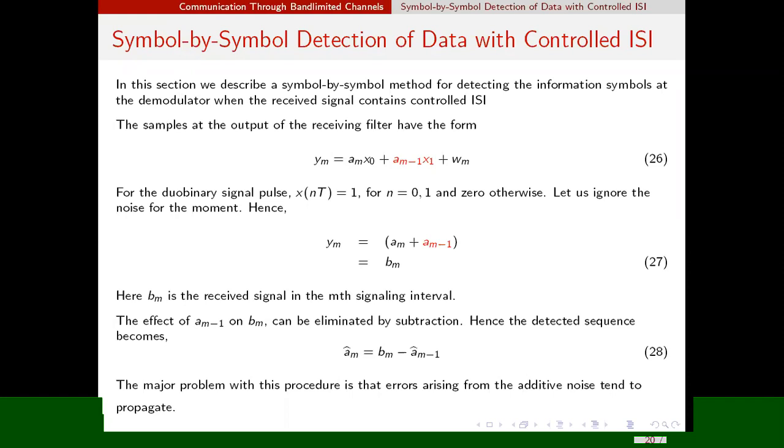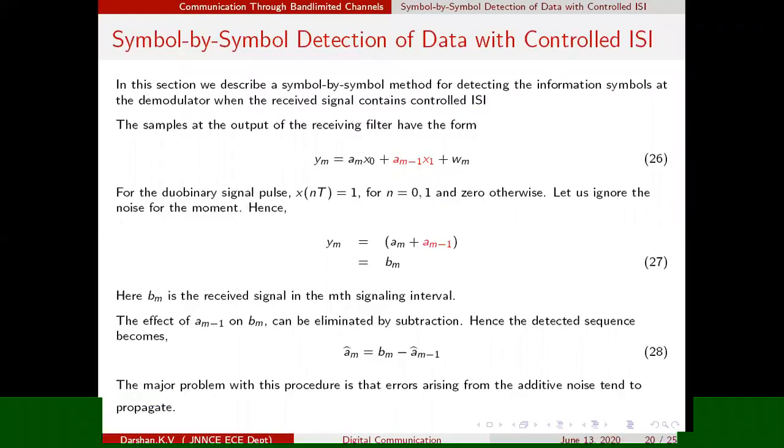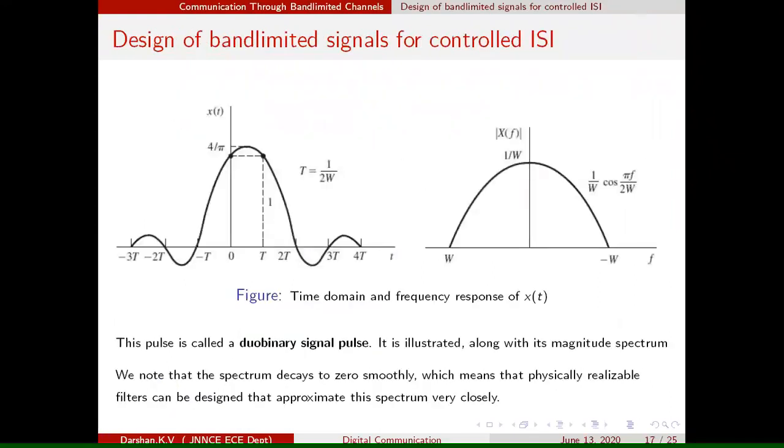To introduce the ISI, the pulse we are going to use was this. That was called the duobinary pulse. This duobinary pulse has one non-zero sample over here.